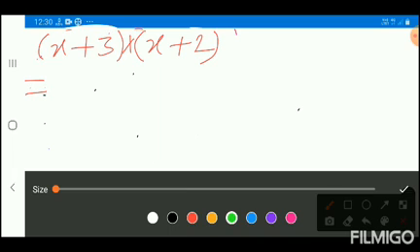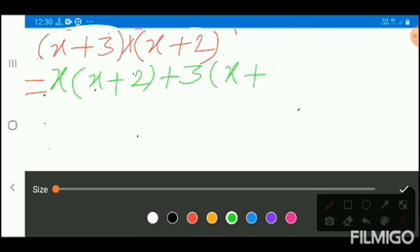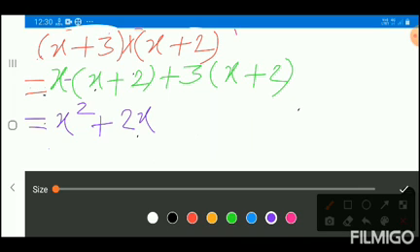Now each and every term from the first bracket to the second. You can write like this also: x into x plus 2, plus the first bracket's second term, 3, with sign, you have to take into x plus 2. Okay. Now x multiplied by x, directly I will write x square. x multiplied by 2, that is 2x.